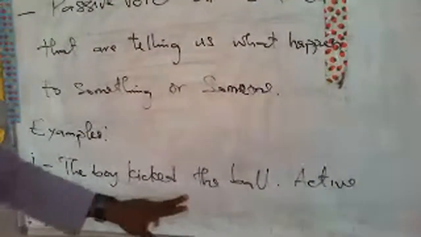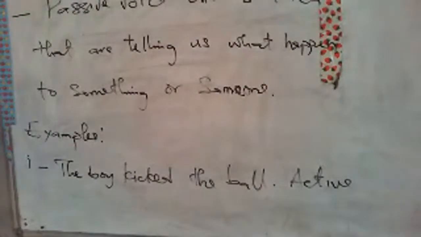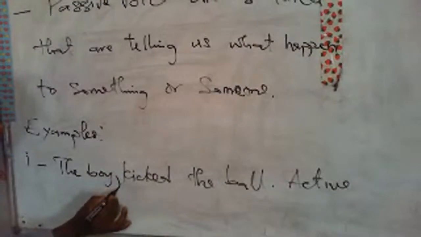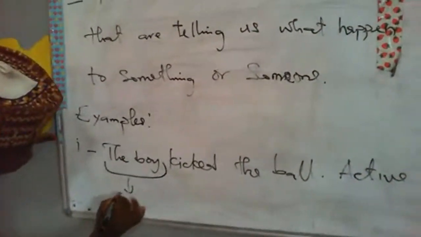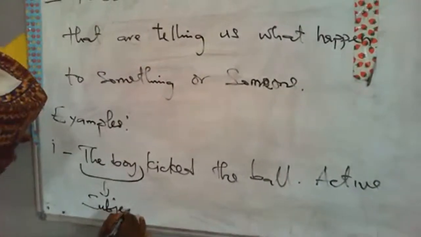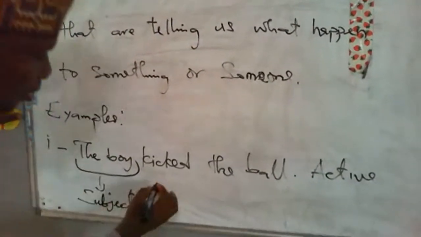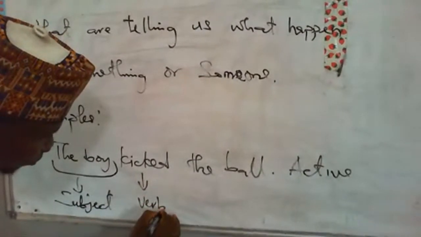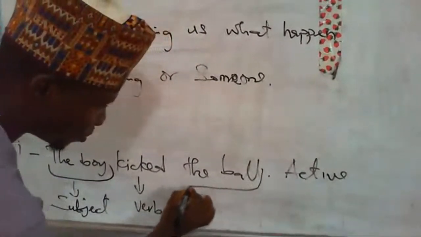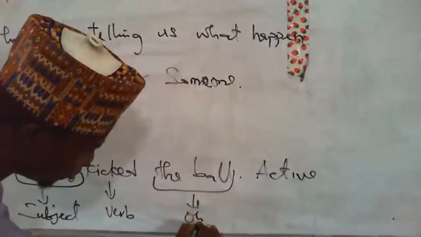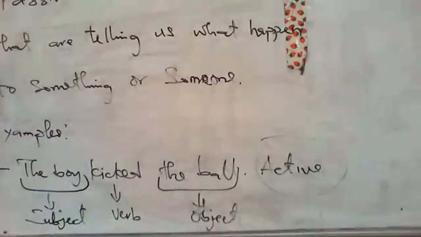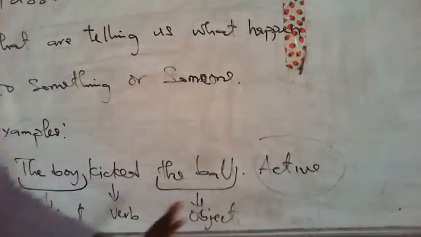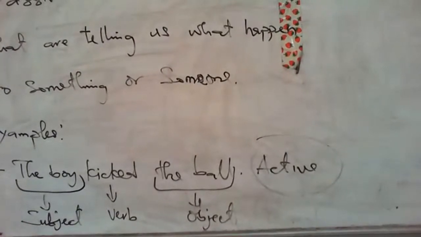If you look at this from here to here, this is a noun phrase and it stands in the position of subject. Kicked is our verb, and the ball is also a noun phrase, but in the place of object. That is the first example I'm going to give you this morning.